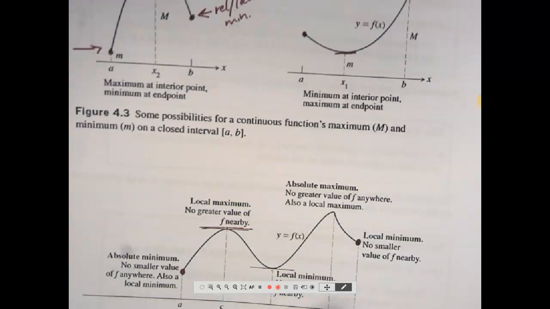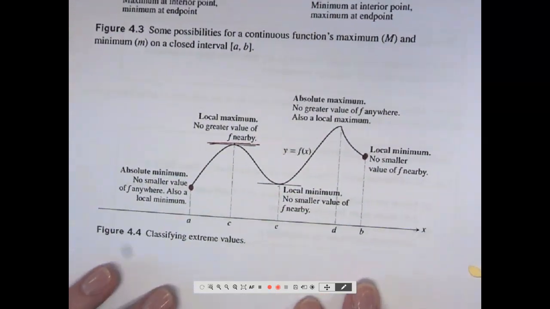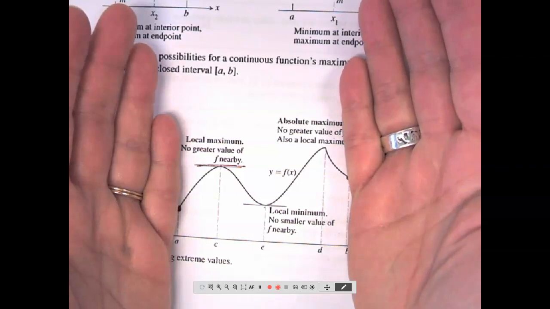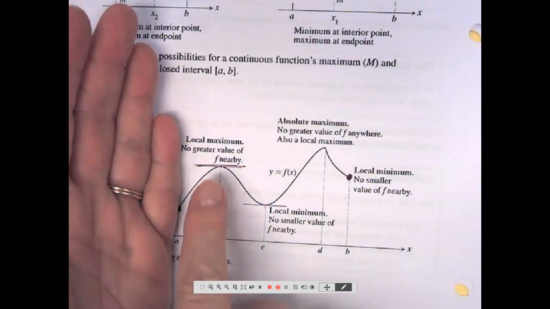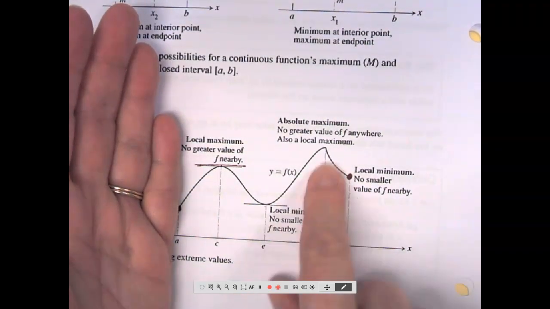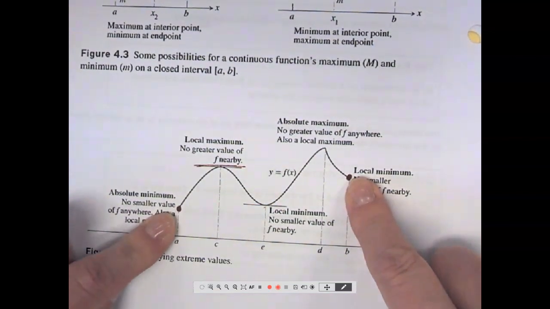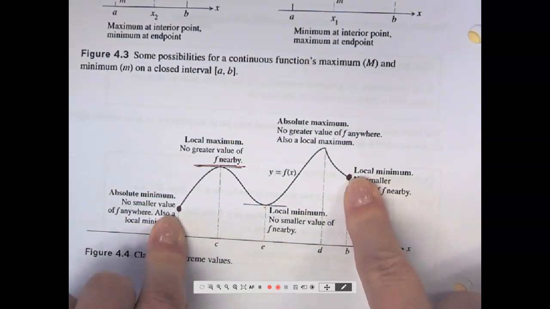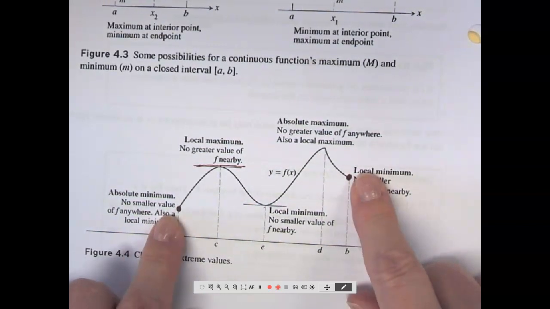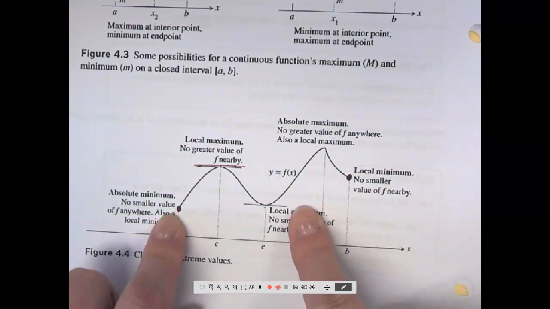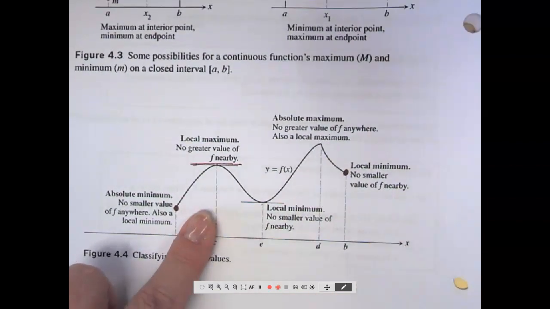Okay, so let's go back to this picture. My interior points will be maxes or mins, possibly, where the derivative is 0 or undefined. But these endpoints are not going to have 0 slopes or undefined slopes. So we just have to test those to see if they're higher or lower than any of these interiors. So you always check those 3 things.